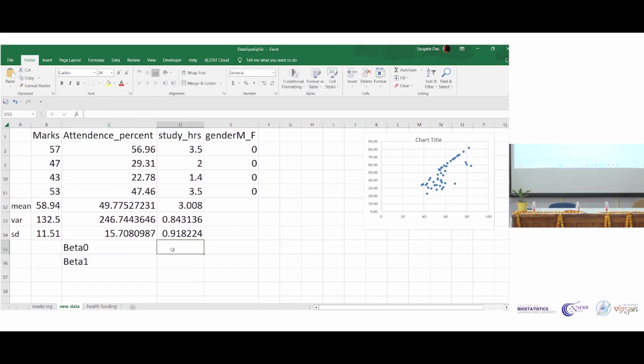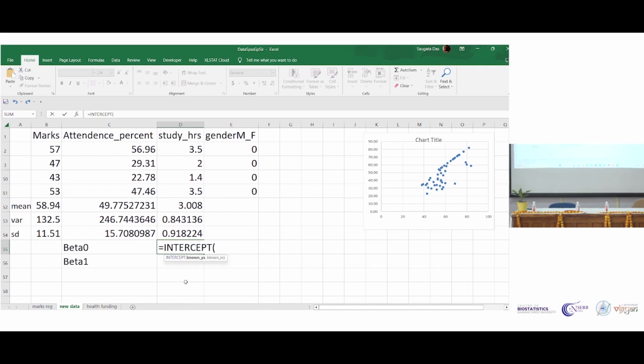It is for our memory. Now here equal to, okay, and beta naught is what? Intercept. So INTER, you will get the word intercept.